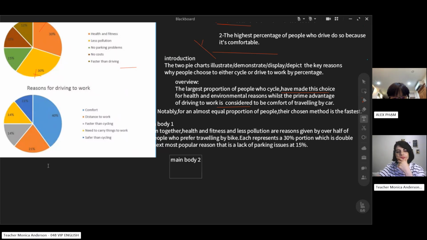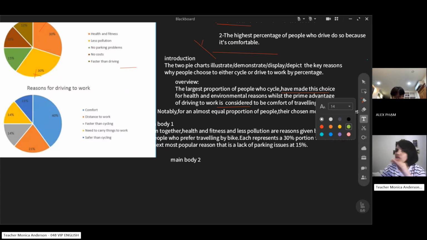The thing is, just one point is the same, the other things are different. Look, they have health, less pollution, no parking, and for drivers no cost, faster, comfort, distance. Just faster is the same. They need to carry things to work, and it's safer than cycling. So they are not the same.